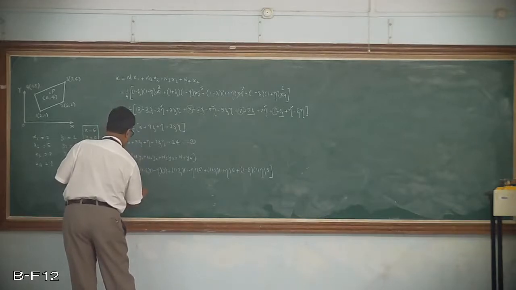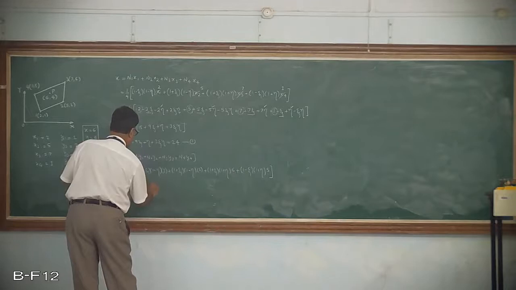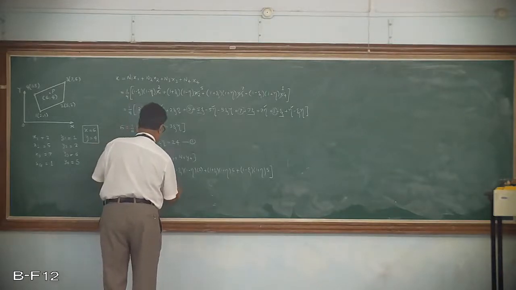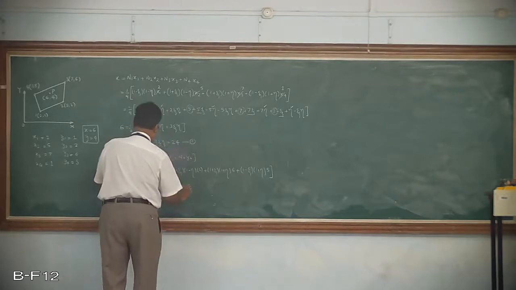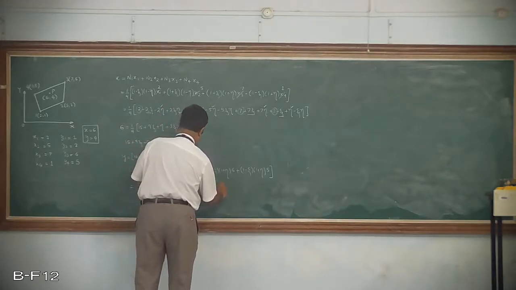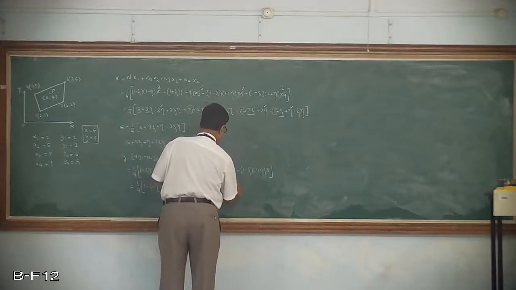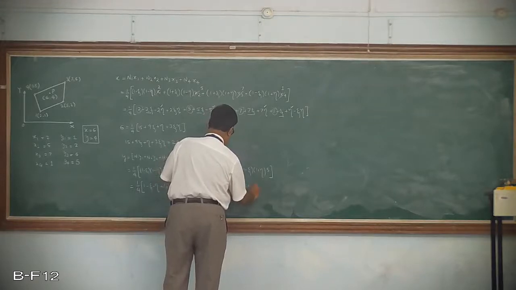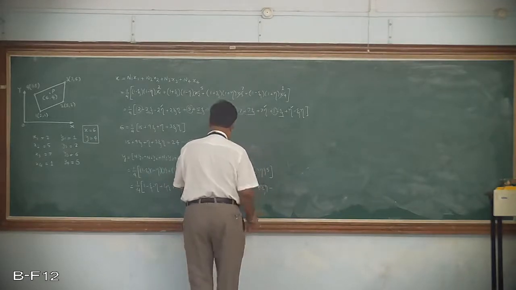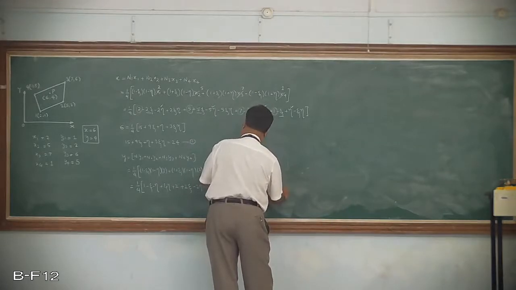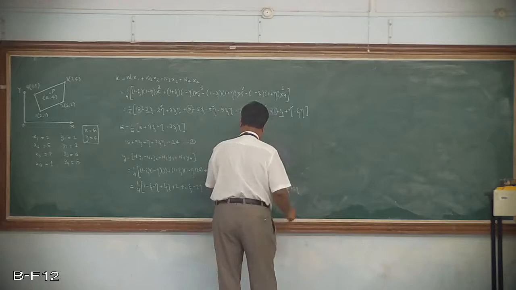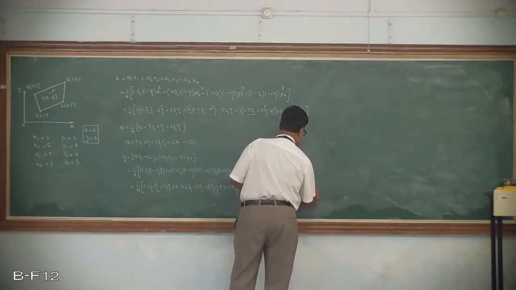What is this now? Because here if I expand it, 1 minus zeta minus eta plus zeta eta, plus 2 plus 2 zeta minus 2 eta minus 2 zeta eta, plus 6 plus 6 zeta plus 6 eta plus 6 zeta eta, firstly, plus 5 minus 5 zeta plus 5 eta minus 5 zeta eta.